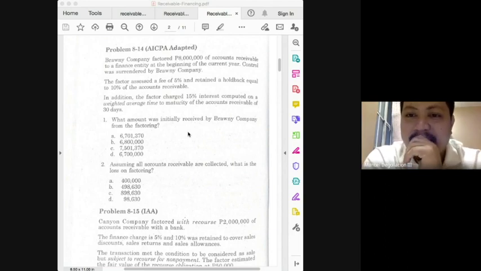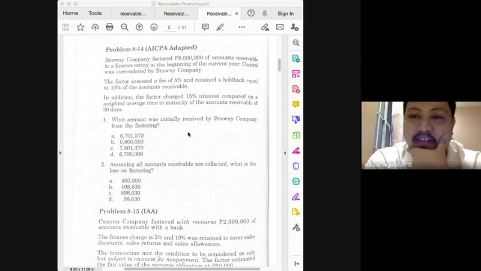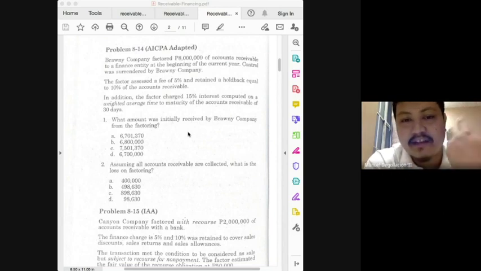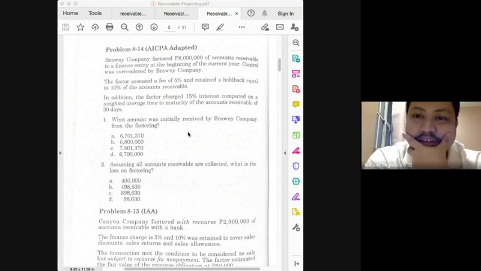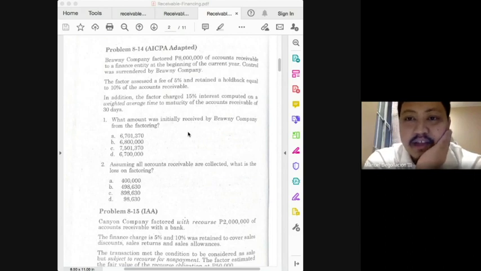So basically, the problem is telling us that we are paying the factor 5%. Basically that will serve as the profit of the factor. So you get 5% of 8 million, you would get 400,000. And then that would be taken from the supposed 8 million value of our receivables.